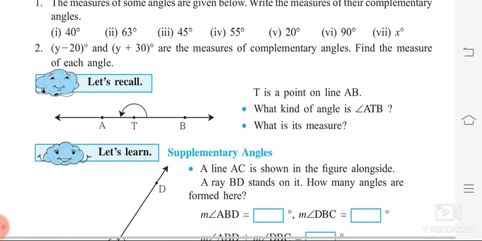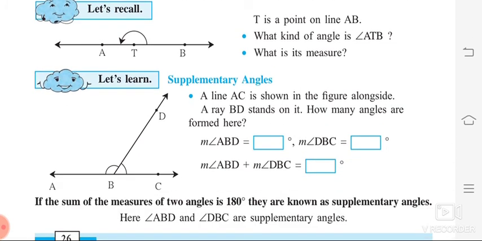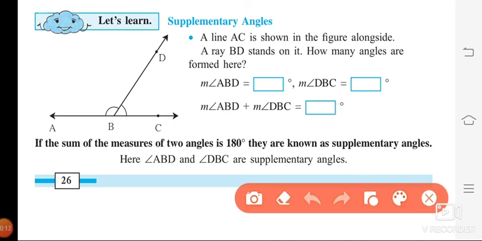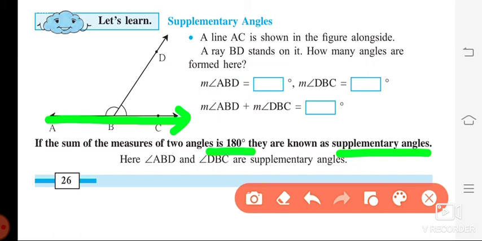After that we learned the next type of angle, that was supplementary angles. See here, if the sum of the measures of two angles is 180 degrees, then those angles are known as supplementary angles. Here you can see a straight line and on that one ray is drawn. This is the ray BD.